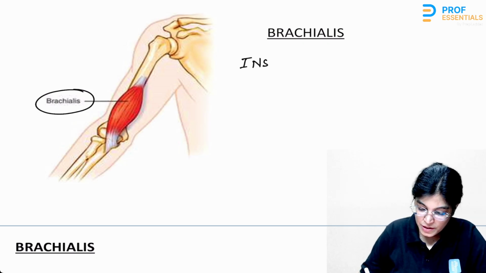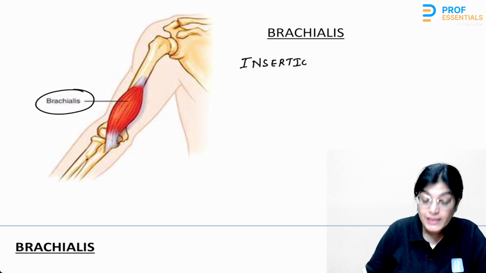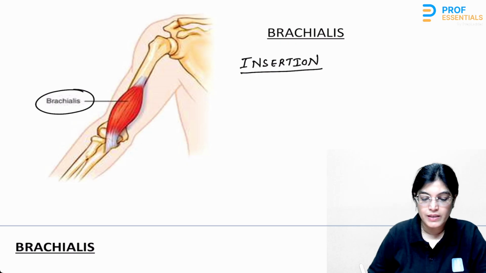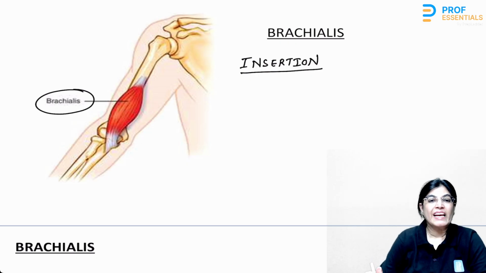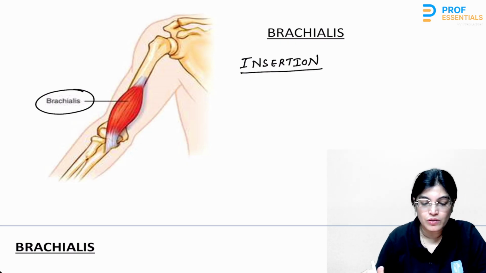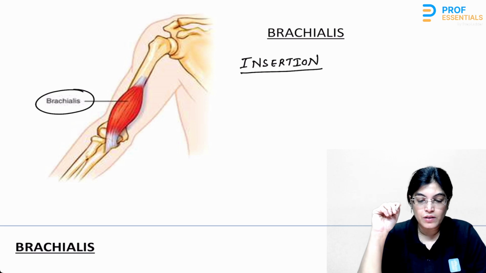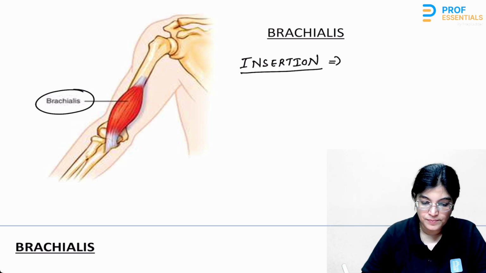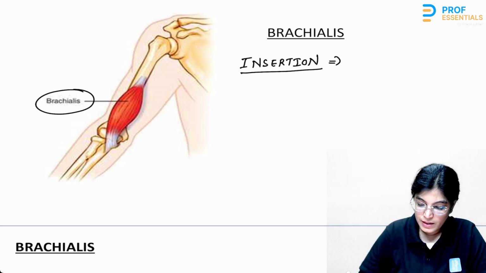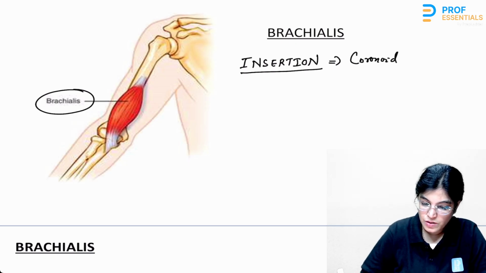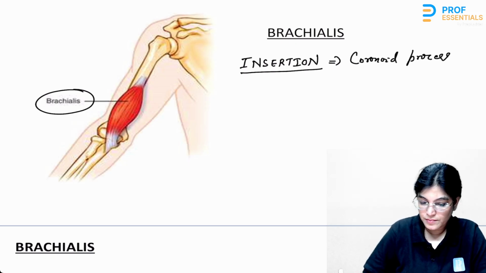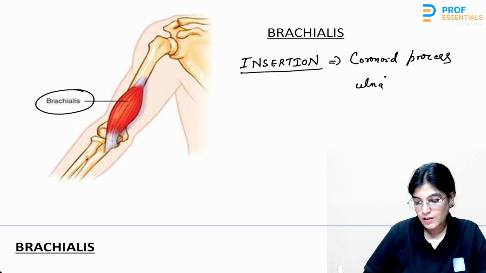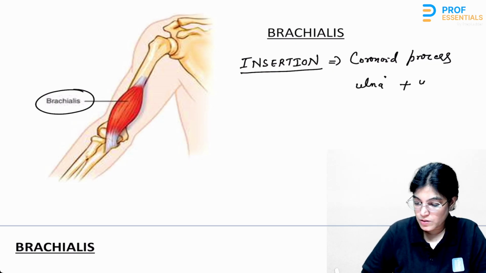As you can see in the diagram, the brachialis muscle traverses onto the medial aspect and goes towards the coronoid process of ulna. It inserts onto the coronoid process of ulna and also the ulnar tuberosity.